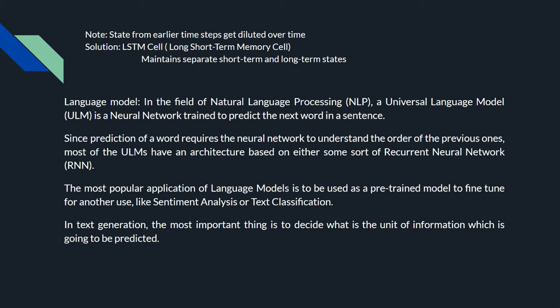The most important thing in text generation is to decide what informational unit is going to be predicted. Some word predictions require a neural network to understand the order of the previous ones. Most language models have an architecture based on recurrent neural networks. The most important application of language models is to be used as a pre-trained model to fine-tune for another use like sentiment analysis or text classification.